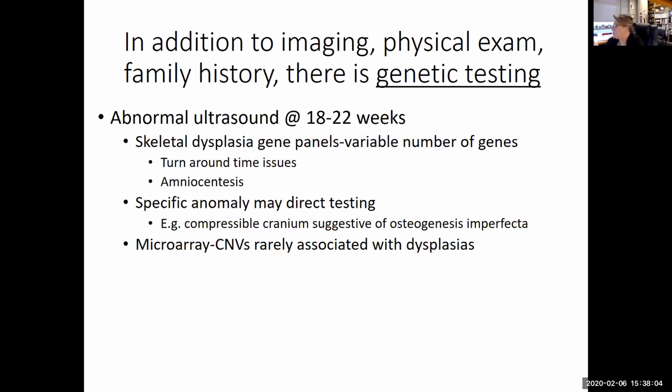Amniocentesis is the procedure that would be done to collect the DNA at that point. Sometimes there are specific anomalies that might help direct testing and be able to get that more quickly done. And I give the example of compressibility of a cranium. So actually pressing with the ultrasound probe is what you do to look for the fragility in a potential OI patient. And you might be able to direct only to that.